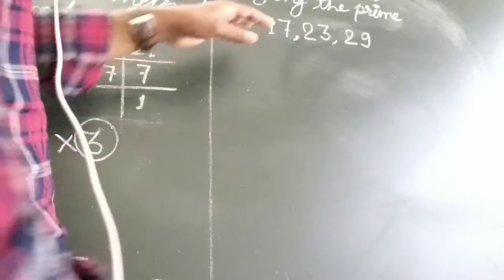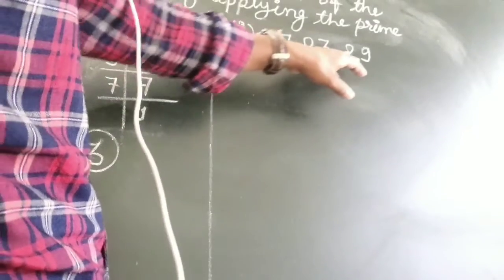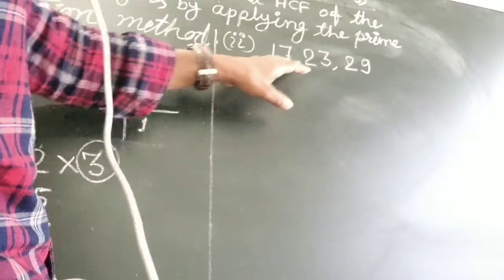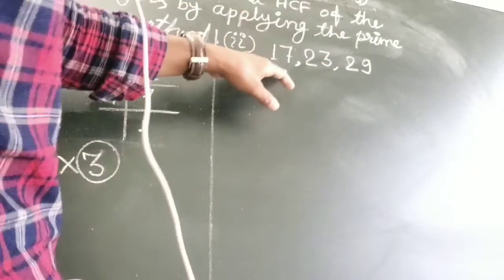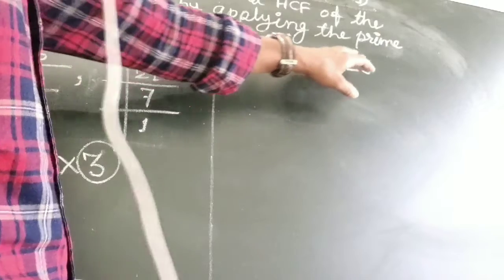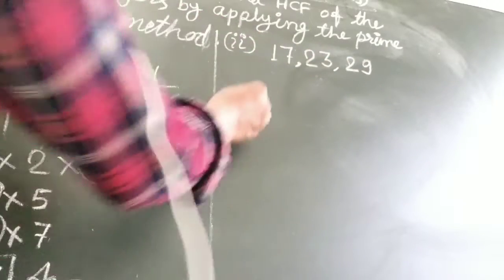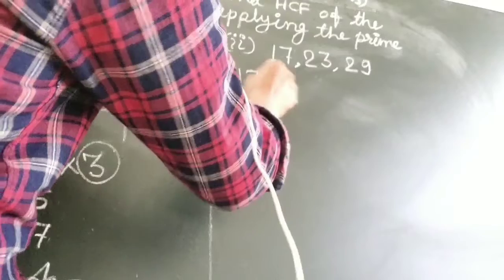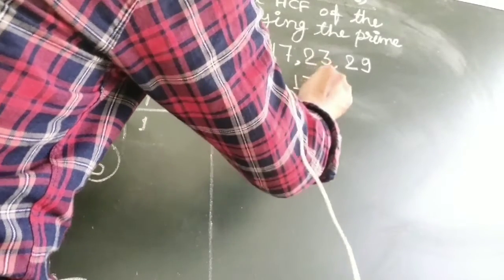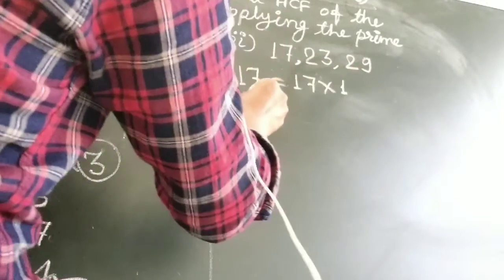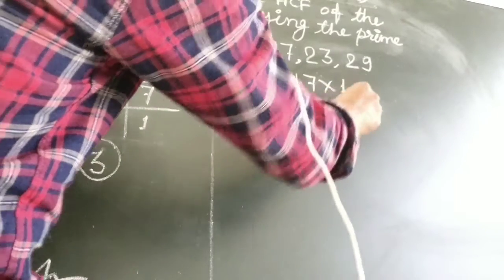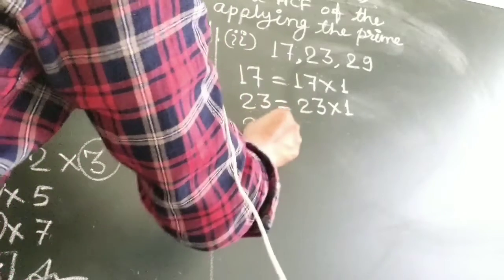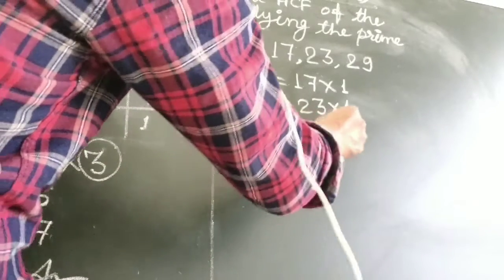Now second question: 17, 23 and 29. We have to find the HCF and LCM of these numbers by the prime factorization method. These are prime numbers. So the prime factor of 17 equals 17 into 1, of 23 equals 23 into 1, and of 29 equals 29 into 1.